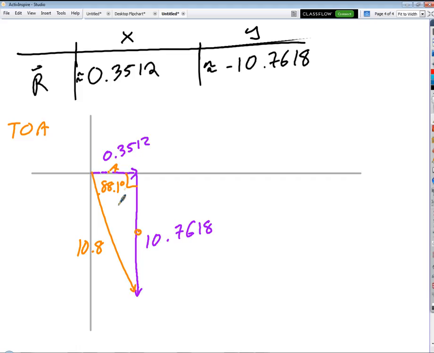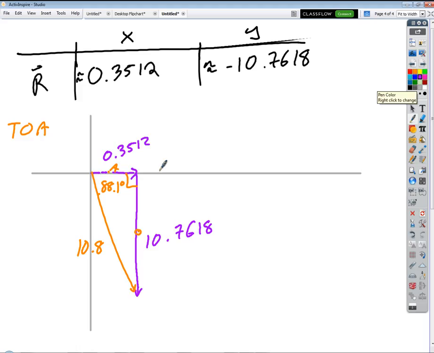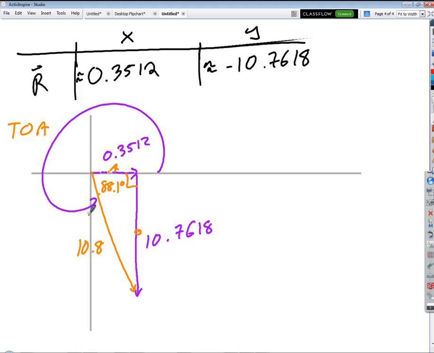So if I want to know then how far this is north of east, what I'm really trying to find is this angle right there, aren't I? Right, if I'm going to start at east and swing to the north, I've just got to keep on swinging around. How far? How would I find out what that big angle is?